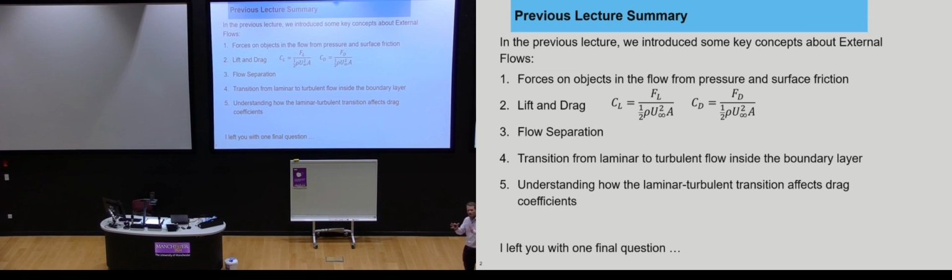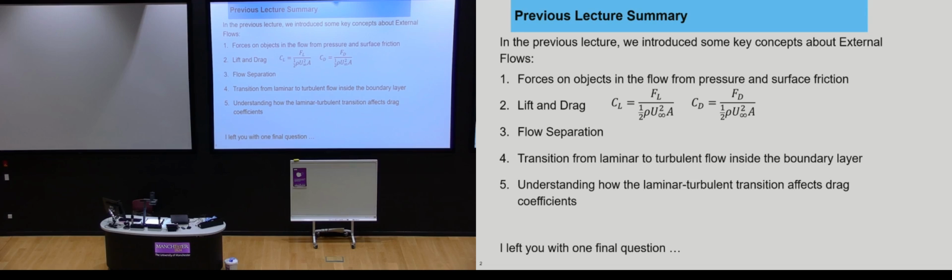We met a brand new flow phenomenon called flow separation, if you remember, where we actually had flow past a sharp corner initially, but then we looked at flow past a cylinder. And this very interesting concept where you have this adverse pressure gradient that trips the flow into the reverse direction.